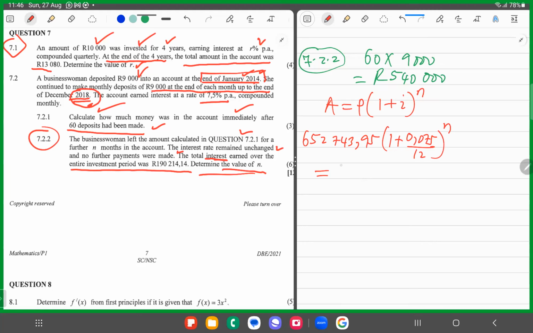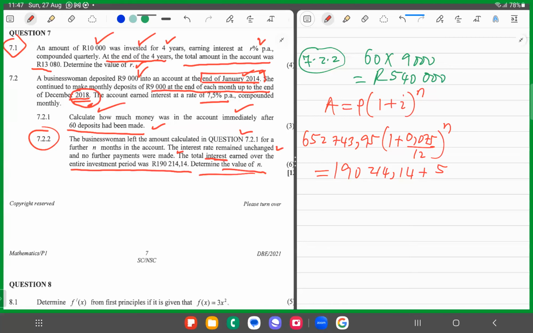If you use a calculator, this is the same as 190,214.14 plus 540,000.